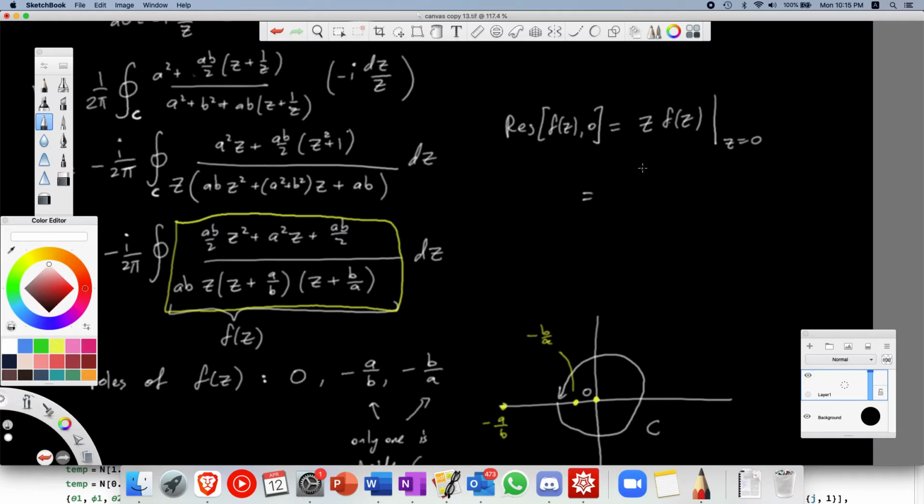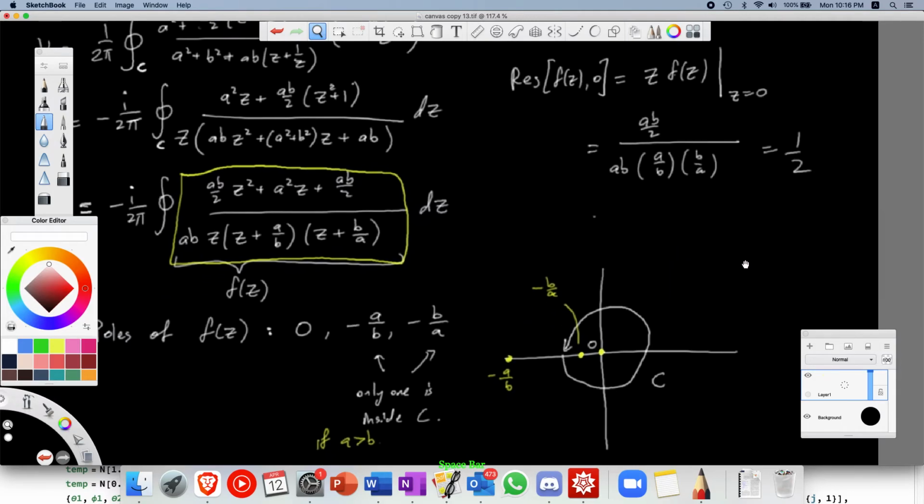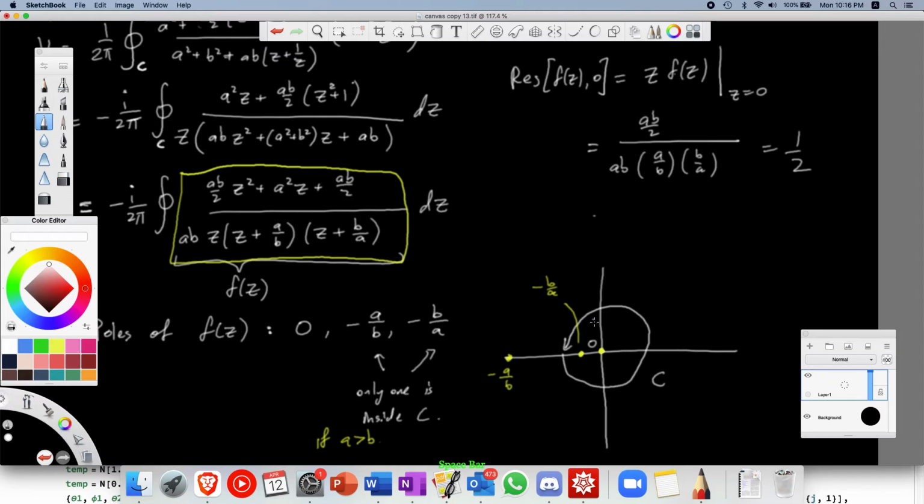The numerator is ab over 2 because this term and this term vanish, and the denominator is multiplied out, giving a over b plus a over b times b over a. So this is just simply 1 over 2. The residue at the 0 pole is 1 over 2.